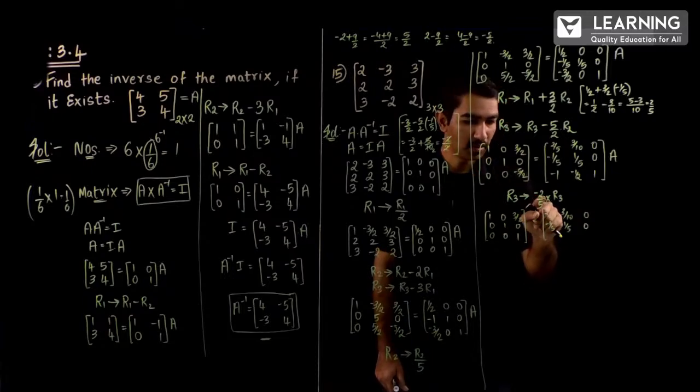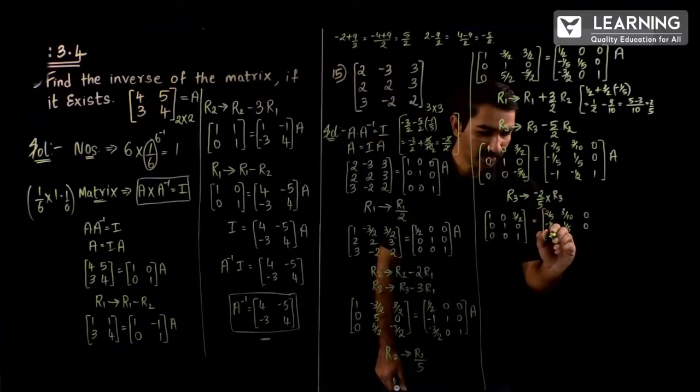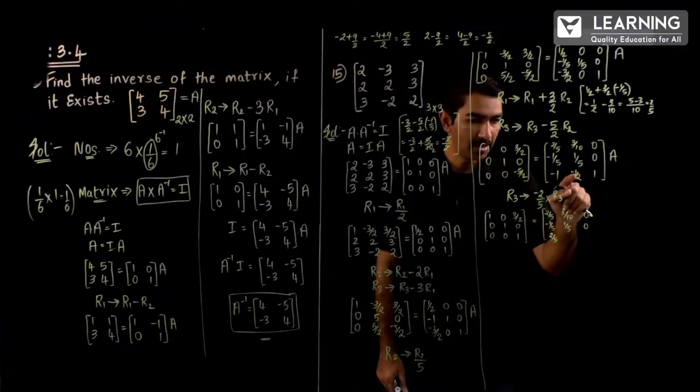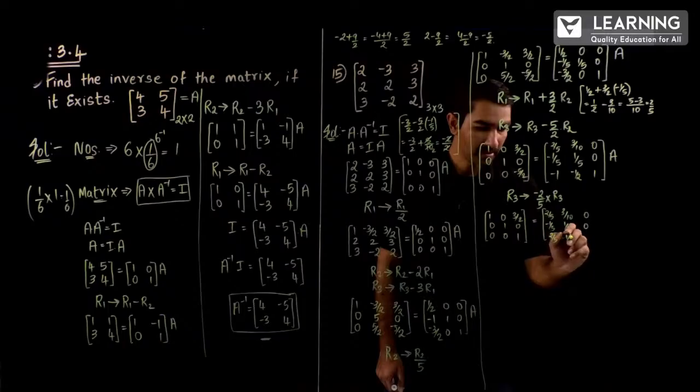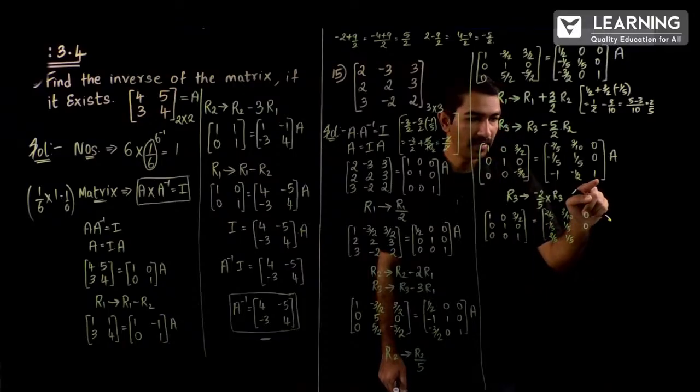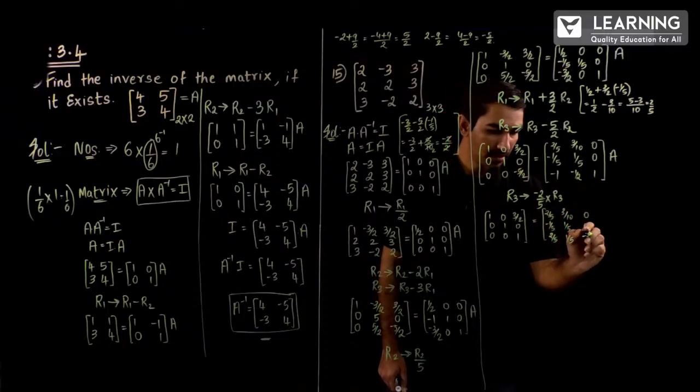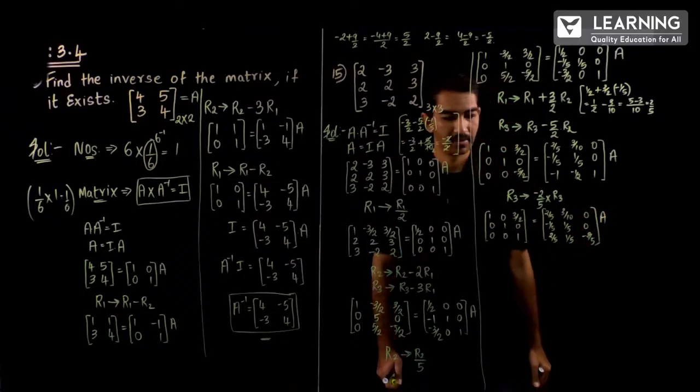So R3 is minus 2 by 5 into R3. So that will become plus 2 by 5. Minus 2 by 5 into R3, so minus into minus will become plus, 2 and 2 will get cancelled, 1 by 5. Minus 2 by 5 into R3, it will become minus 2 by 5 into A.